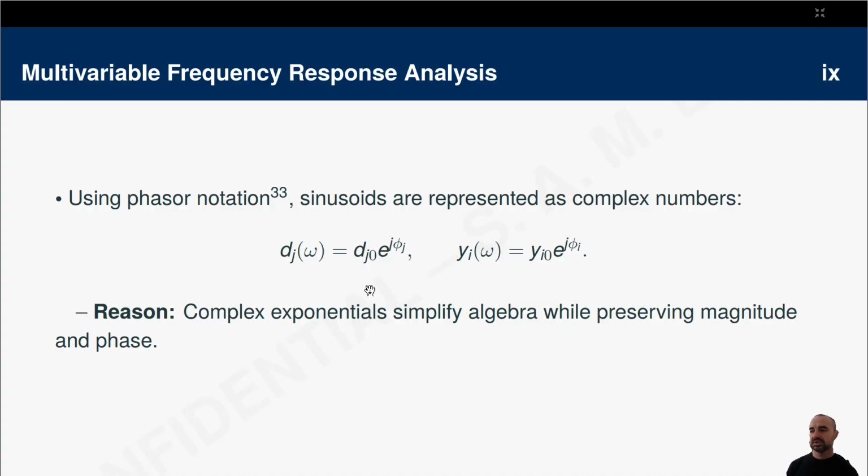So d_j(omega), the input at channel j, is d_j0 e^(j phi_j), and then y_i(omega) is y_i0 e^(j phi_i). Okay, so this is i, kind of not clear, but the first one is j phi_j, and the second one is i phi_i.